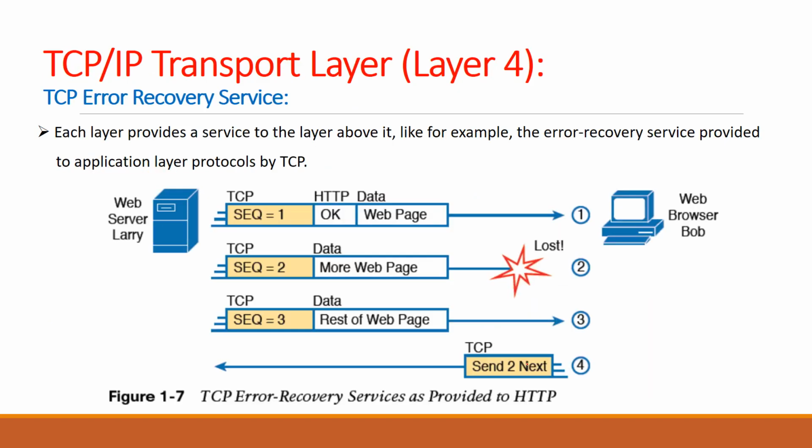And as an example of these services that the transport layer provides to the application layer, we will discuss the TCP error recovery service. Let's go back to the original example when Bob tried to browse a website on web server Larry. So in this slide, as we mentioned, each layer provides a service to the layer above it, like for example the error recovery service provided to the application layer protocols by TCP.